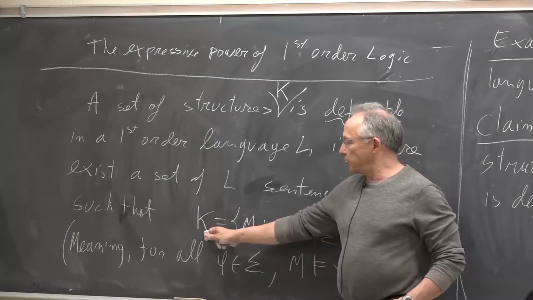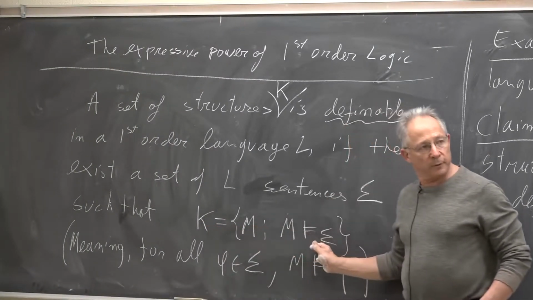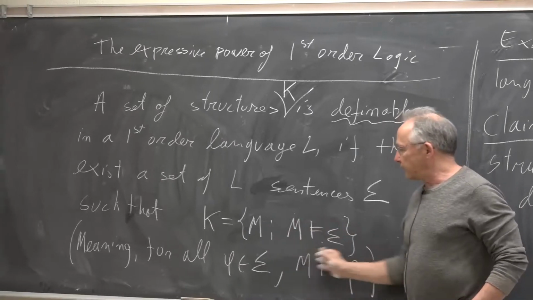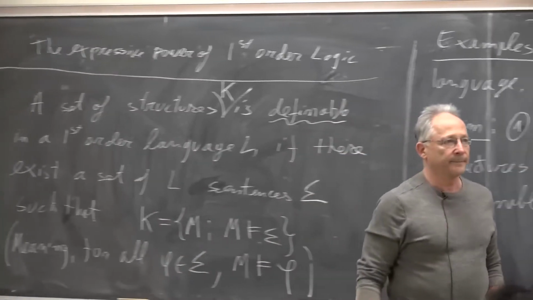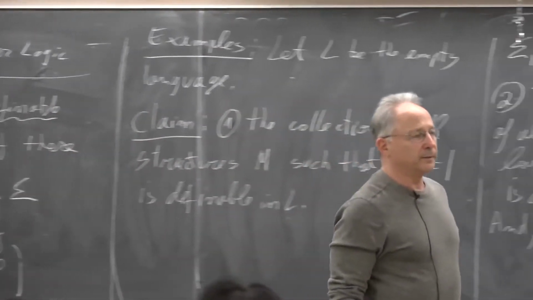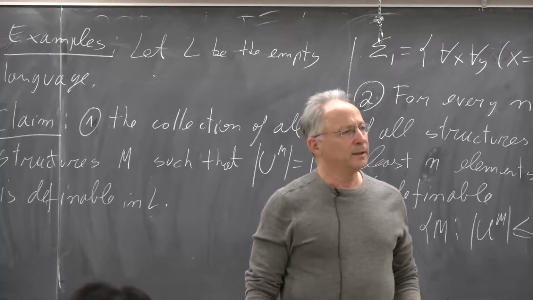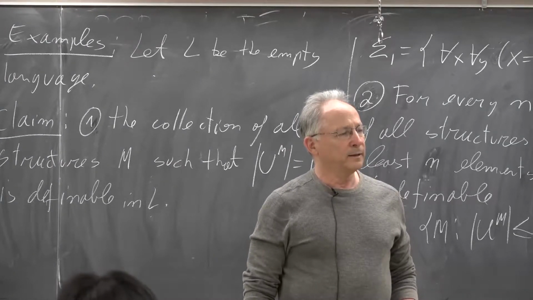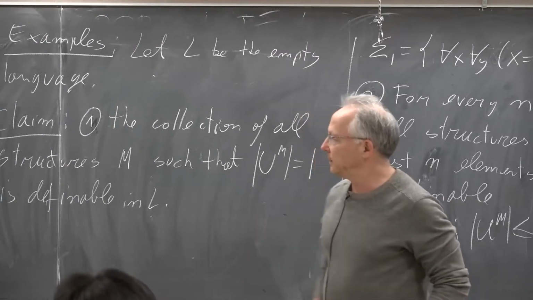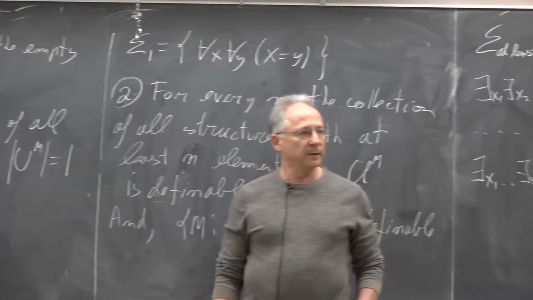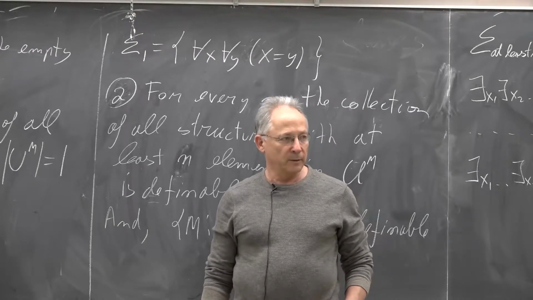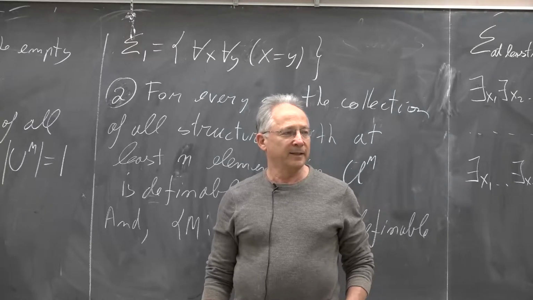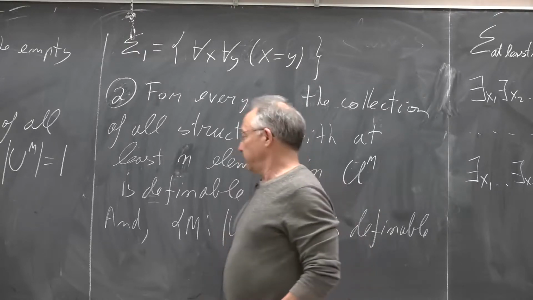That is, every structure in K satisfies the formulas in sigma, and every structure that satisfies the formulas in sigma belongs to K. Okay? I guess I was confused that if I have a logical truth, wouldn't all my structures be definable?